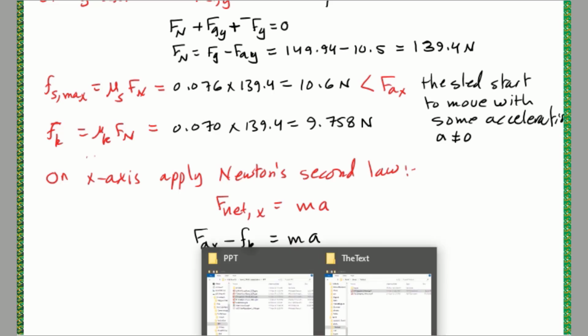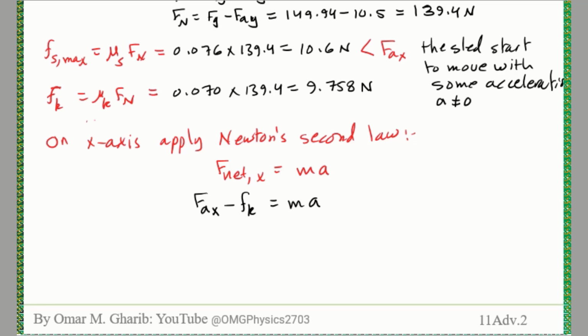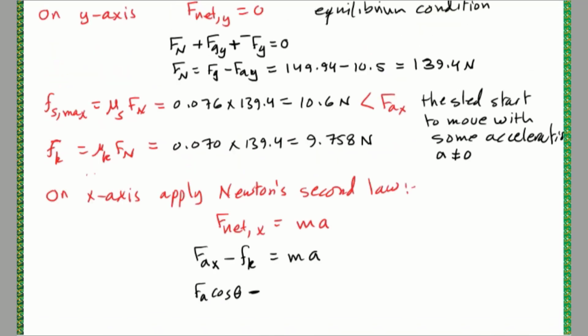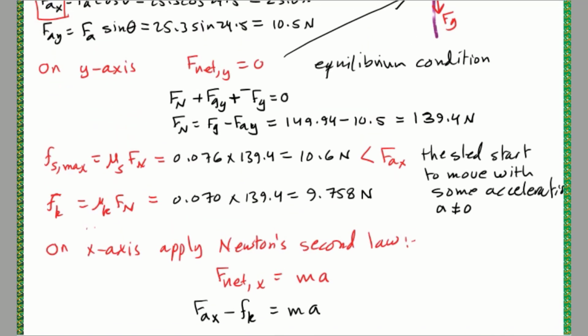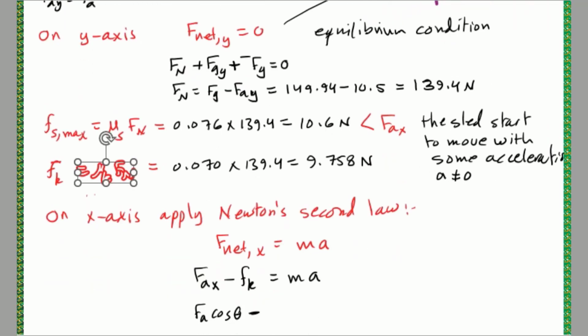Now I will not put numbers. Fax is Fa cosine theta, minus Fk from the previous step. Fk is mu k Fn, and Fn is only Fg minus Fay.